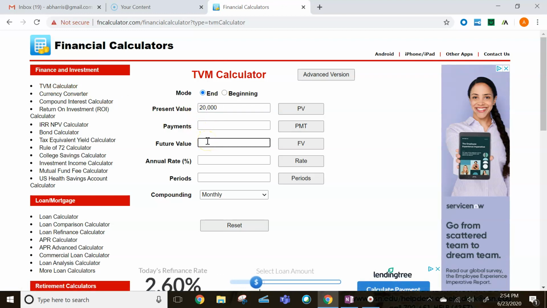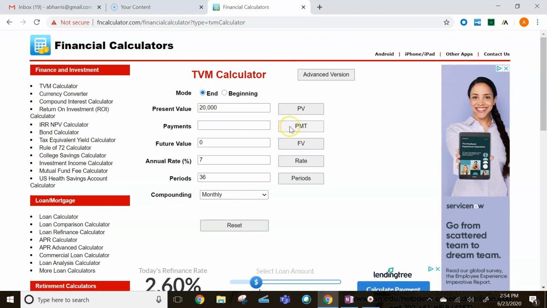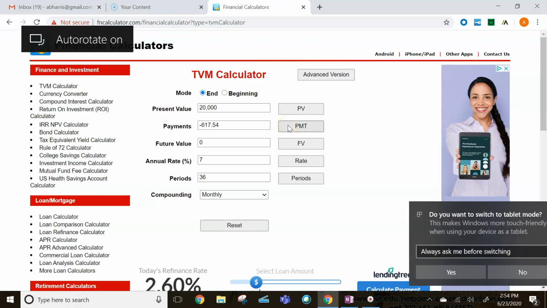Our future value will be 0. That's at the end of the 36 months, we will owe nothing. So the annual rate is 7%. Make sure that's monthly. You're on end. Click on payment.